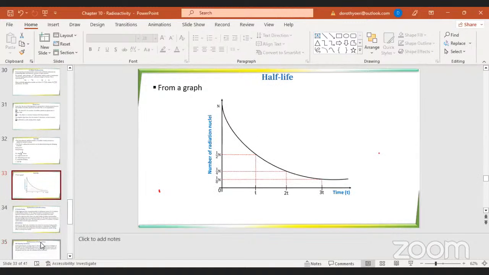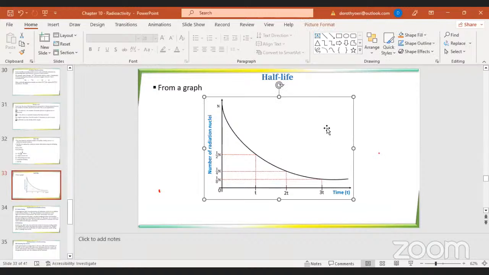Now, what if you were to plot a graph of number of radiations or nuclei against time? You should end up with a curve looking like that. How do you determine the half-life?